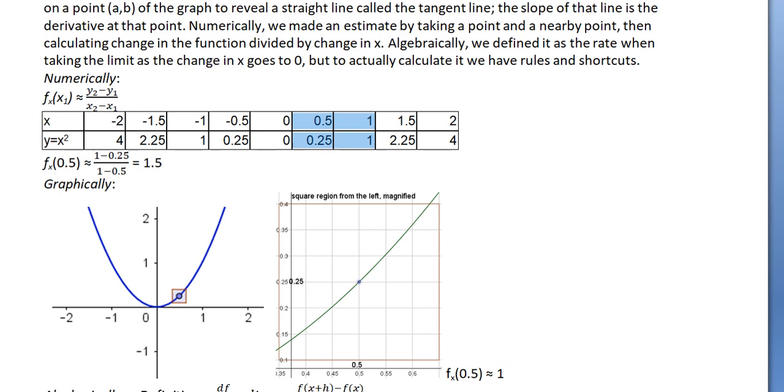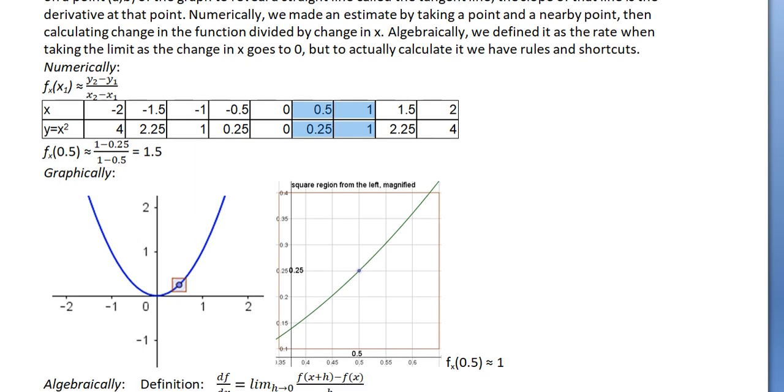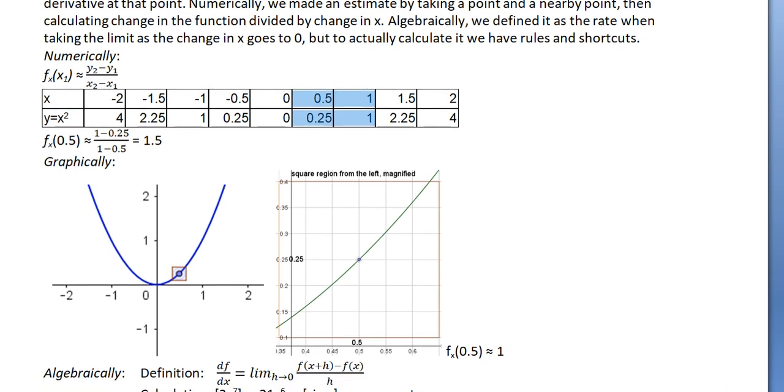And now finally, to do it algebraically and precisely, we could define the derivative using limits, as the limit as h goes to 0 of f of x plus h minus f of x over h. There's a way to calculate that for our function y equals x squared, but we're not going to do that. We're just going to say we know what the shortcut tells us.